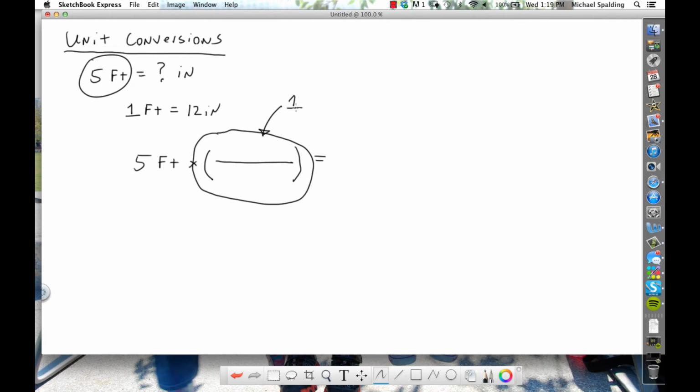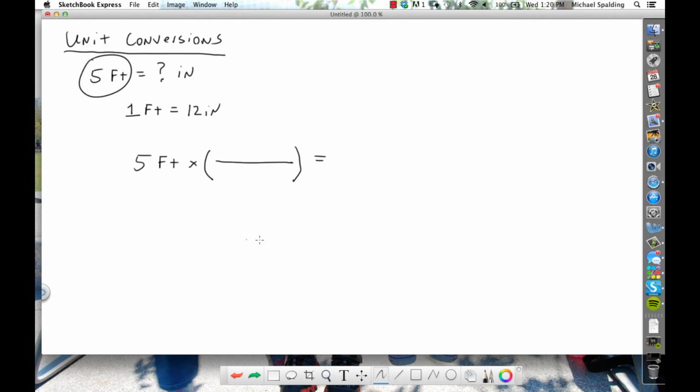It's like multiplying by the number 1. Because when you're doing a unit conversion, do you want to change the measurement or just convert it? Just convert it. So you don't want to change it. If you want to keep it the same, you're multiplying by 1.